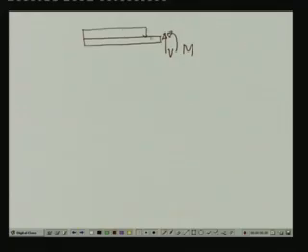Now, let us take the free body diagram of the part which is at section BB. So, here again we have the shear force V, the bending moment M, and we have the uniformly distributed load up to a distance of 5 meter, and here we have the reactive force which is 29 kilonewton.